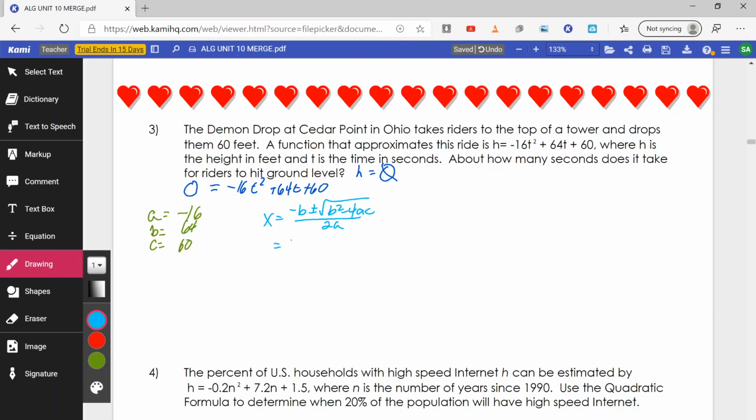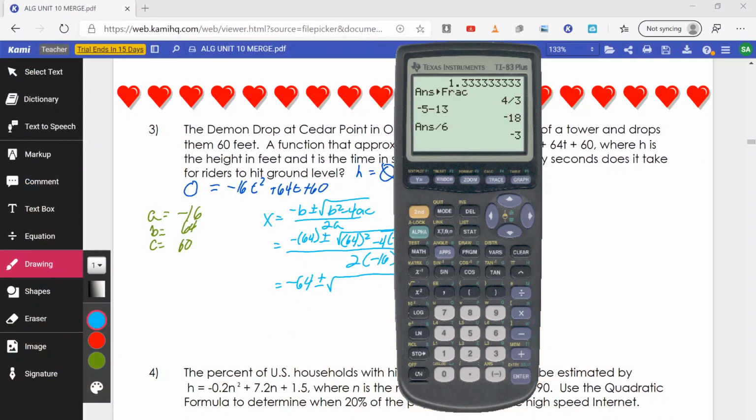and plug in everything where it goes. So negative b, so negative 64, plus or minus the square root of 64 squared minus 4 times negative 16 times 60, all over 2 times negative 16. And we go through and simplify this. Negative 64 is just negative 64, plus or minus the square root. We're just going to plug everything under the square root symbol into the calculator to get a nice answer.